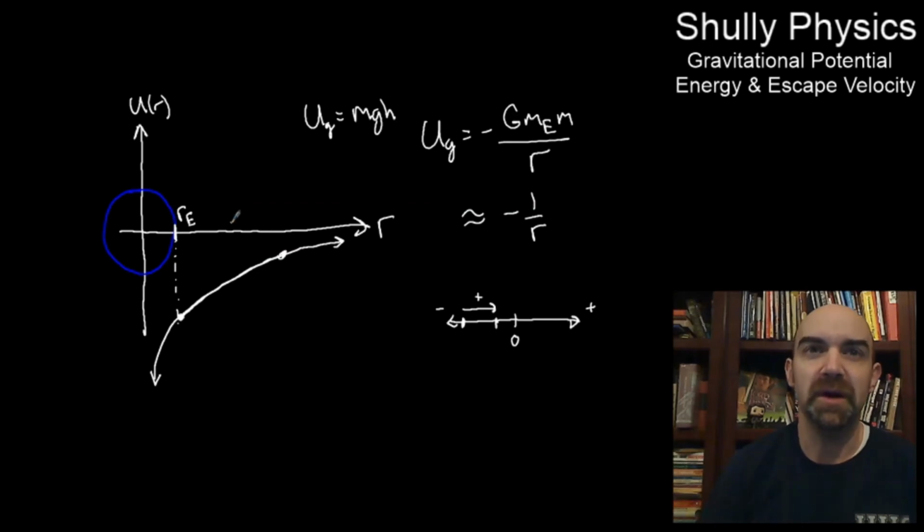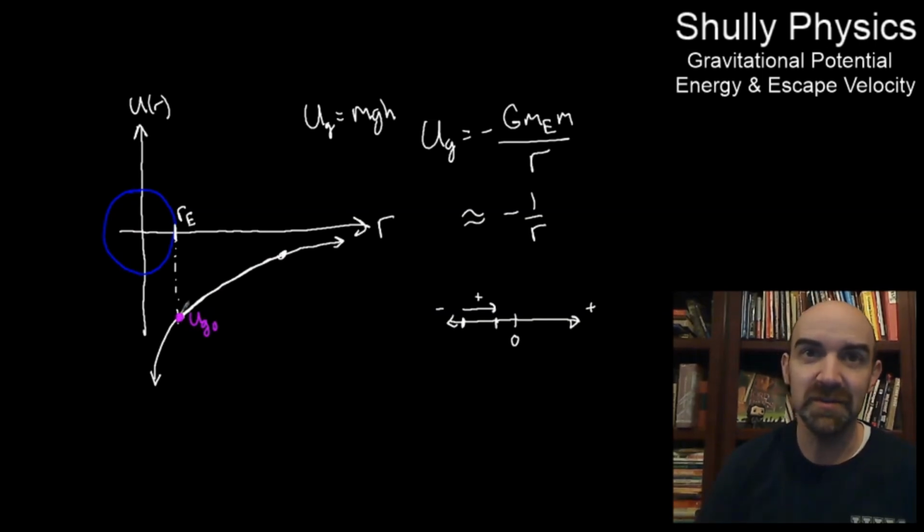All right, so in order for a spacecraft to take off the planet and never come back, how much energy does it need? Well, how much potential energy it starts with, we'll say U_G initial, is the amount of kinetic energy it's going to need.